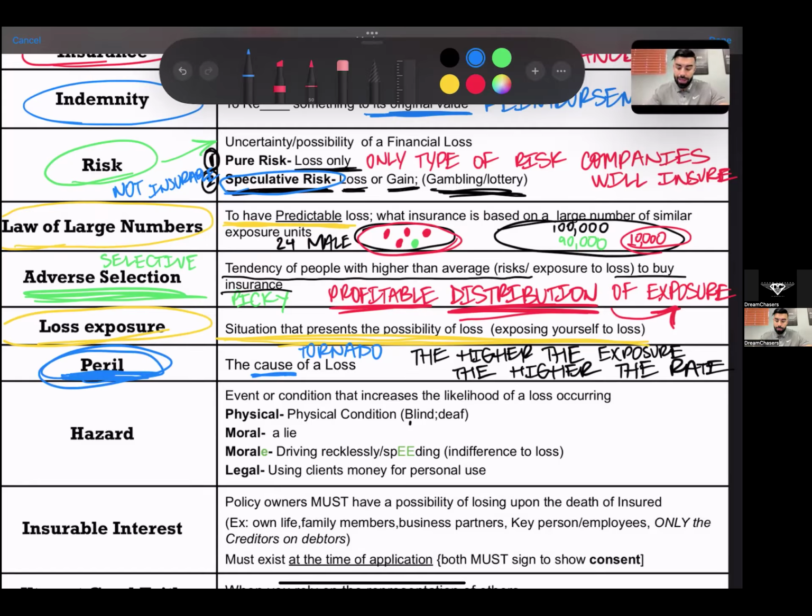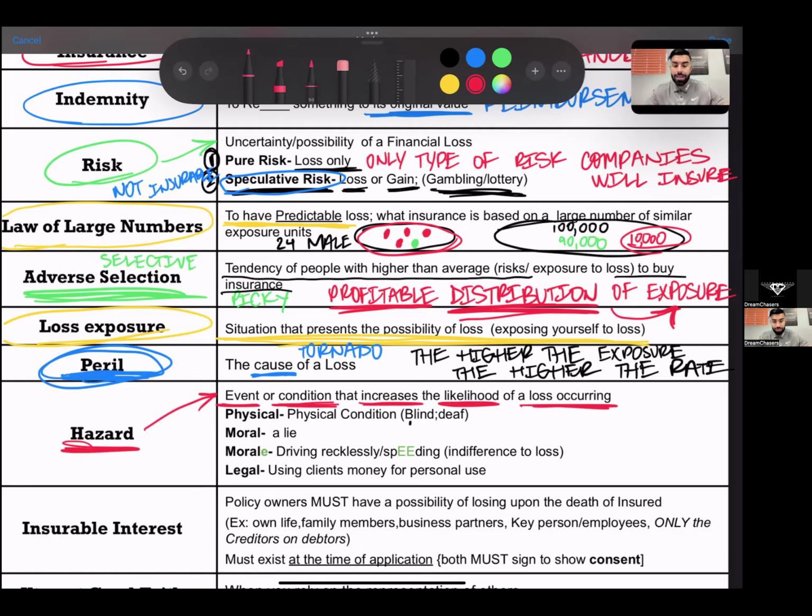Now, next are hazards. So hazards, by definition, are an event, a condition, or a situation that may increase the likelihood of a loss occurring. For example, let's say it's pouring rain outside and you can't see 5 feet in front of you.